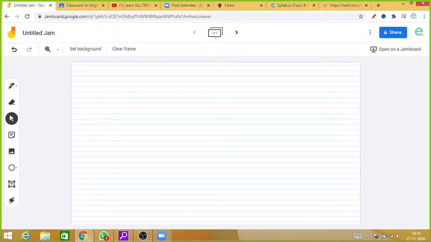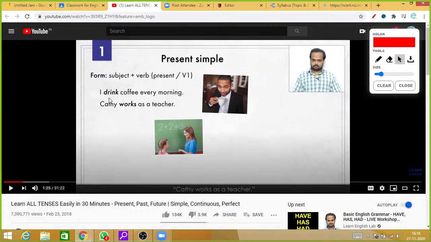So, again look at the example. It is in the base form, like drink, works. Okay? Similar words. Make a sentence in the present simple tense, like study, read, play. All these are the base form of the verbs.